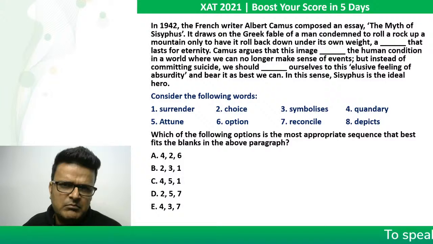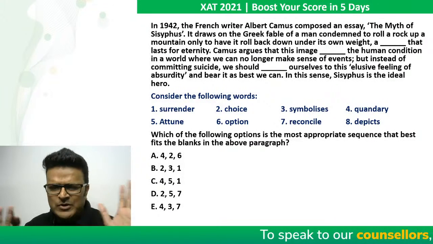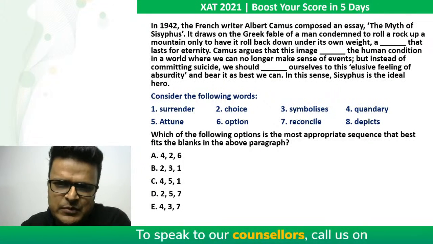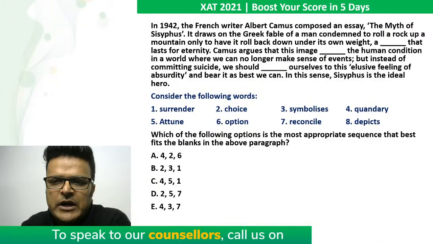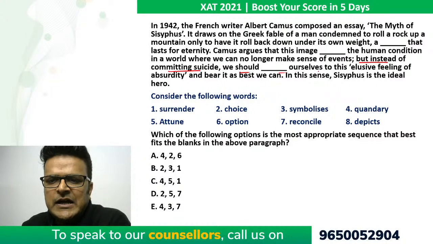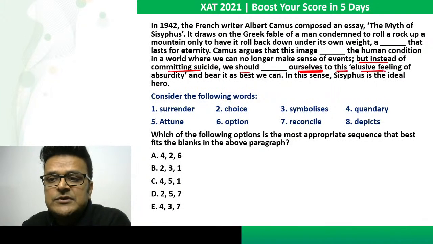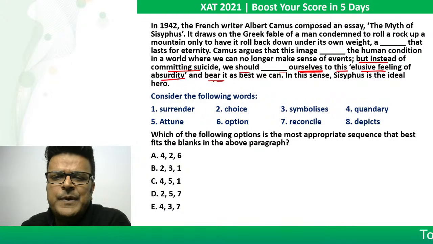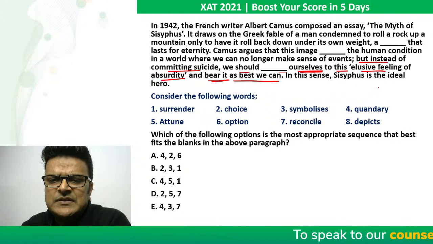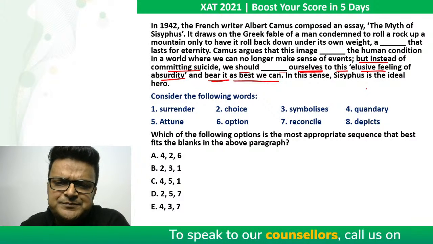I don't want to spend too much time worrying about a lot of things. For example, in this question, look at this last line. But instead of committing suicide, we should dash ourselves to this elusive feeling of absurdity and bear it as best as we can.